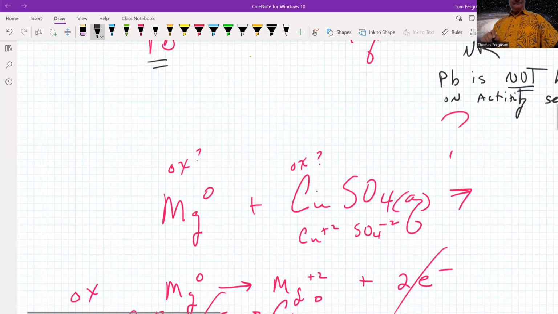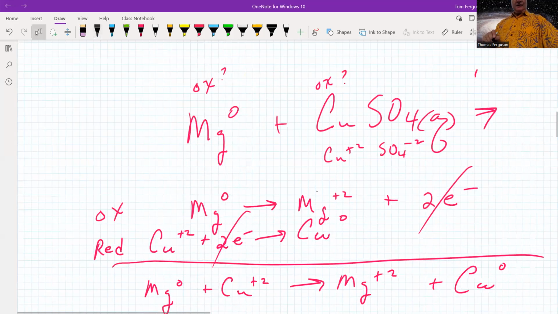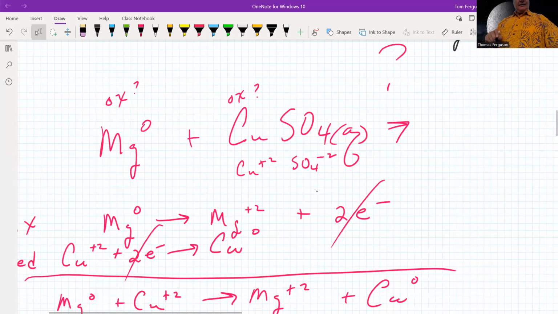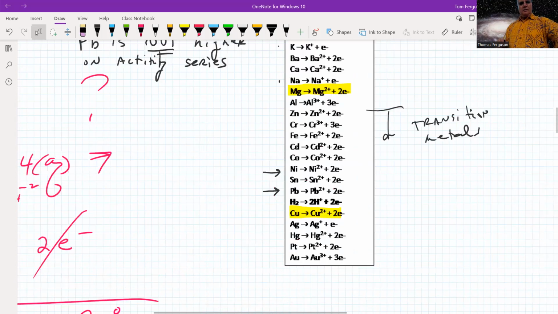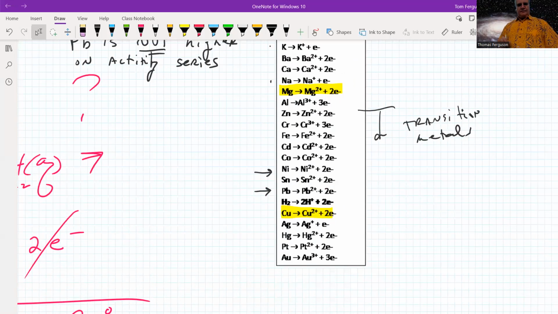Okay. All right, so let's look at another one here. We have magnesium metal and copper sulfate. And if you remember, copper comes in two stable ions, a +1 and a +2. This particular one is a +2. That's what appears over here.